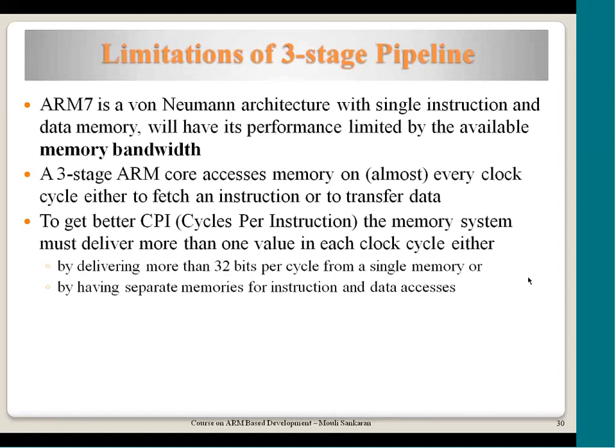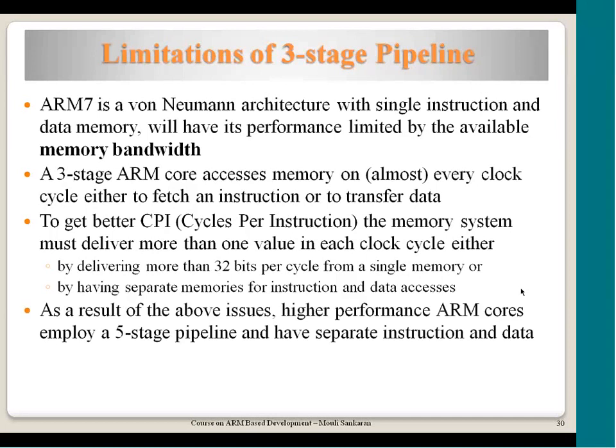Maybe ARM7 has a limitation, but in the subsequent ARM family processors, they have split the instruction and data memories into separate ones, so that you don't compete for the same bus in the same cycle. Instruction access and data access can happen in parallel if there are two different buses. So you may have a better performance there.